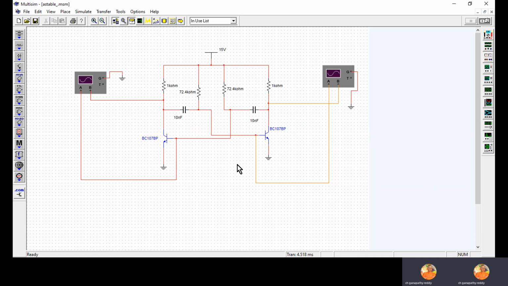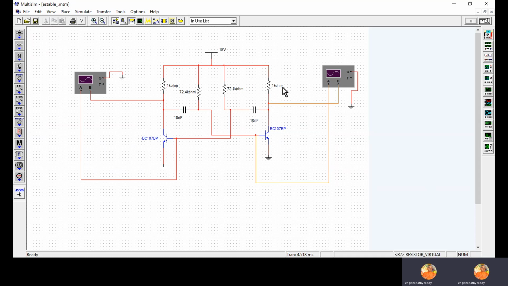Then the base voltage, bias, all those things are removed, and external triggering is not necessary. Both the resistors are connected to the power supply, that is VCC of 15 volts, and 72.4K with 10 nanofarads, 72.4K with 10 nanofarads. This is R1 C1, R2 C2, all values equally taken. And collector resistance RC is 1K.